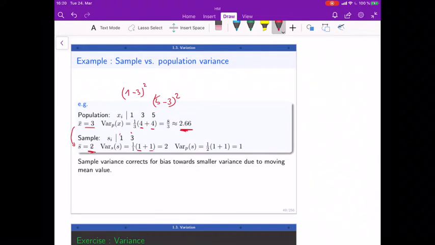So I get a sample variance of 2, whereas I would get a population variance of 1. And you can probably see the sample variance is not exact, but it's a little bit closer to the true variance in my population, whereas the population variance for a sample gives us just the wrong number.